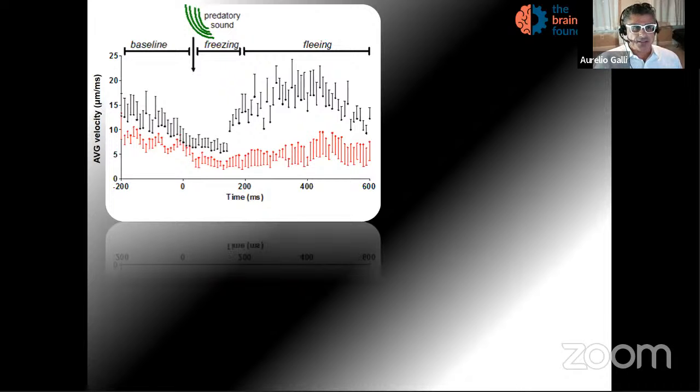And this is the wild type in black. The animal moves around, the sound of the predatory wasp comes on, the animal freezes, and then it escapes. Instead, if you do the same type of experiment with the mutant, the animal moves around, the sound of the predatory wasp comes on, the animal freezes, and it keeps staying in a freezing state.